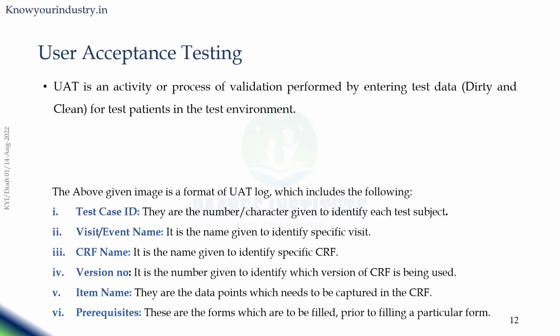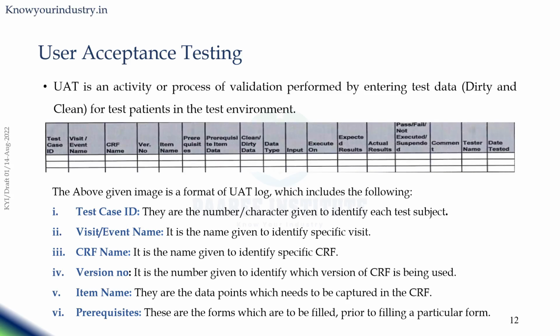UAT, which is user acceptance testing, is an activity or process of validation performed by entering test data. As I already mentioned, clean data as well as dirty test data should be entered for test patients in the test environment. This image is a format of a UAT log, which contains the test case ID.